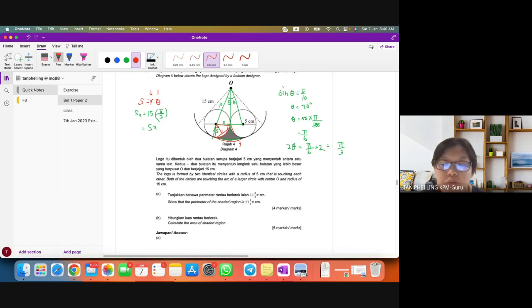Now the problem is we have to find out the theta. Okay, I'm searching for a method to find the theta. I know this is 5 here. Do I have any other choice? I know that this is pi over 3.